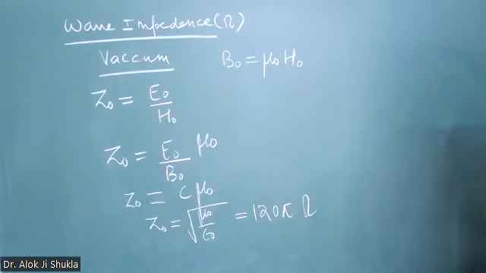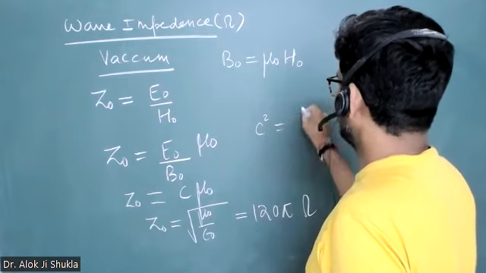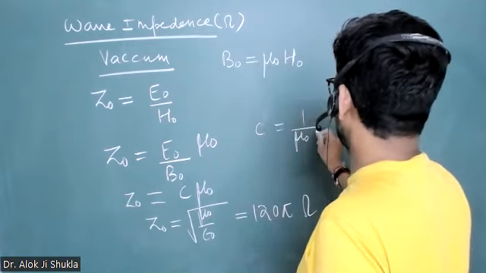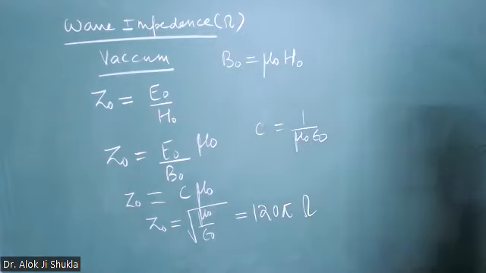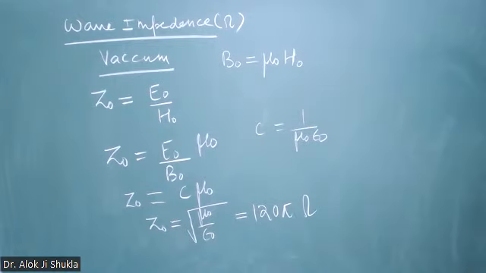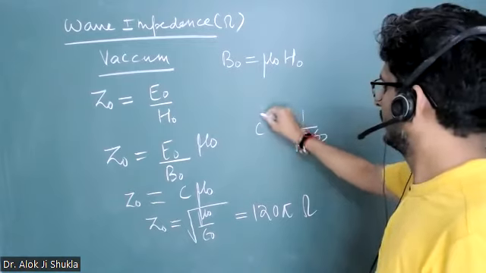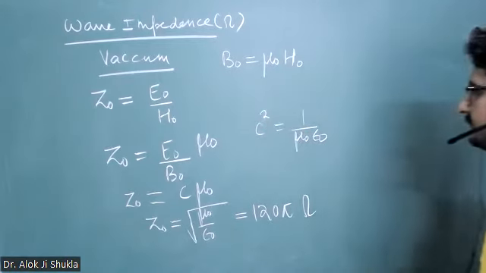यहाँ पे जब C put करोगे तो क्या आएगा? C square is this, ना? 1 by, sorry, C is this, 1 by mu naught epsilon naught. Okay. 120 pi होता है. सर वो 125 है क्या? C square, na? Yes, sir.